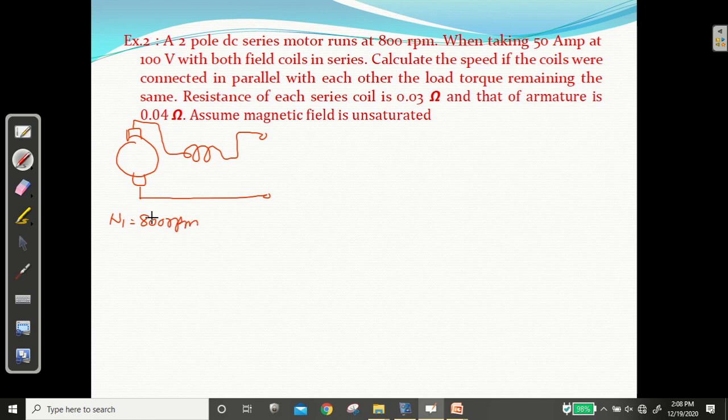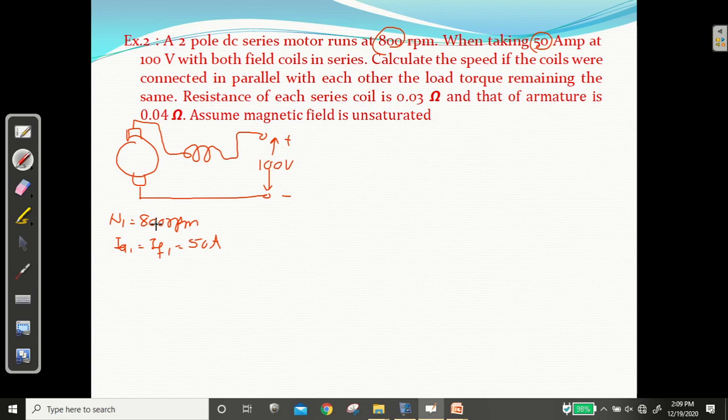When taking 50 ampere at 100 volt, this is the 100 volt supply voltage, plus and minus, taking 50 ampere, so IA1 equal to IF1 equal to 50 ampere is given.